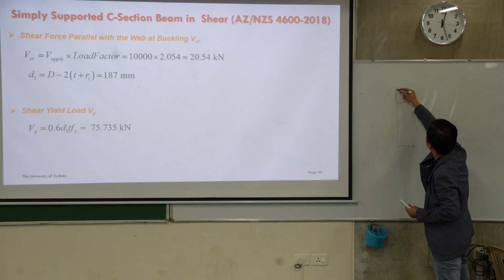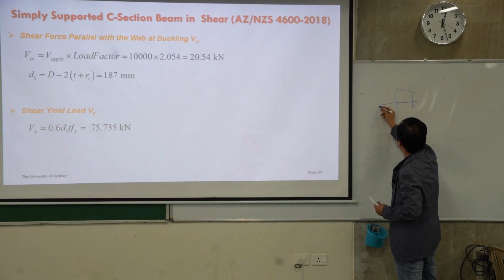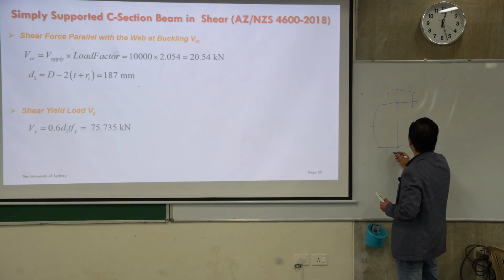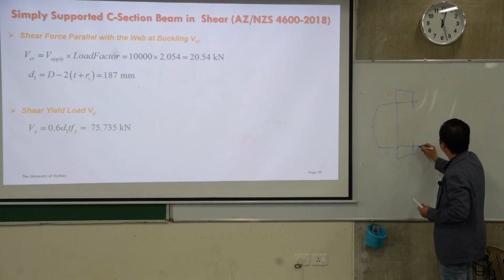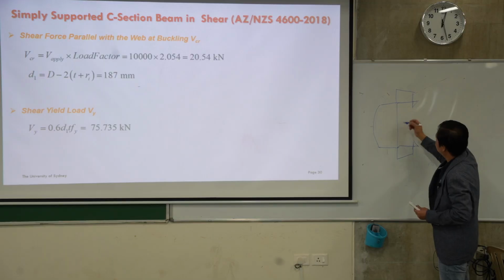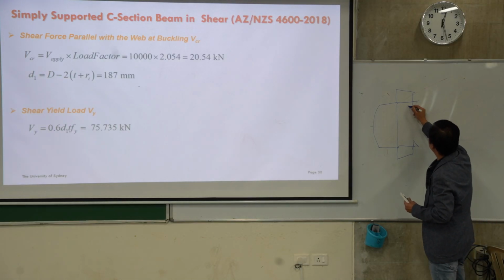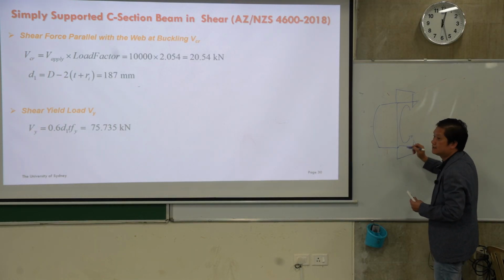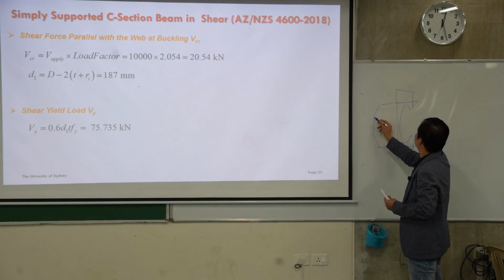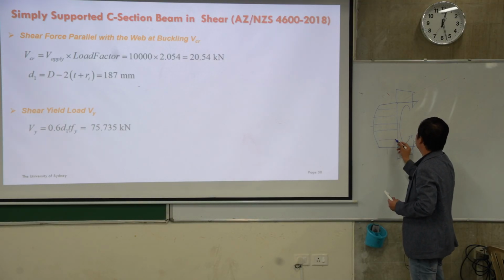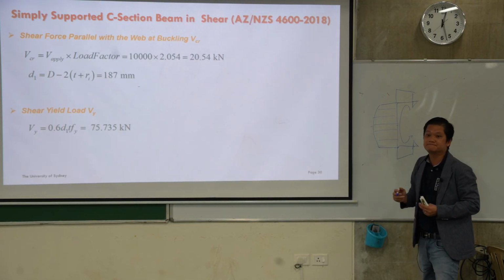You've got here, and you've got a parabola here, and there's your lip. And that is caused by the shear flow, and it's going up. So the maximum shear stress is actually in the middle here.